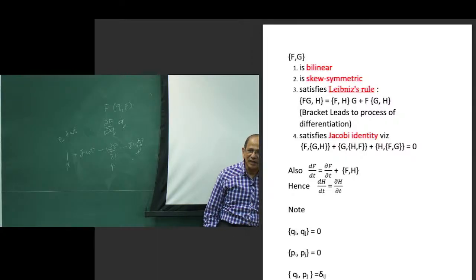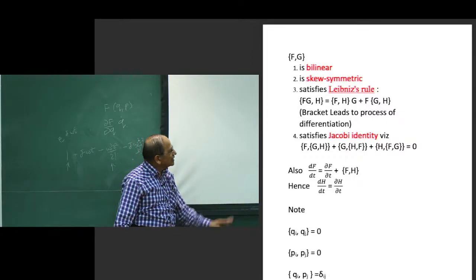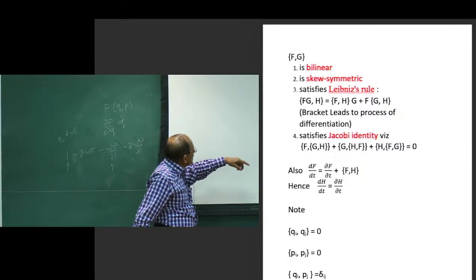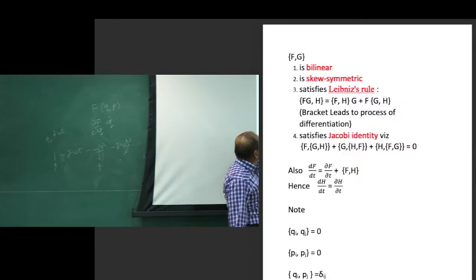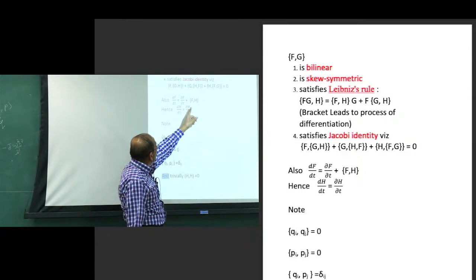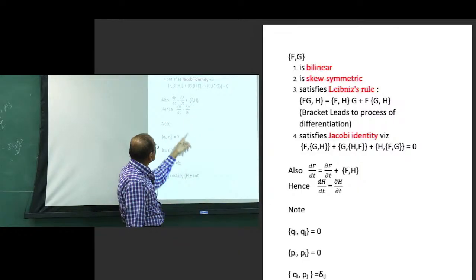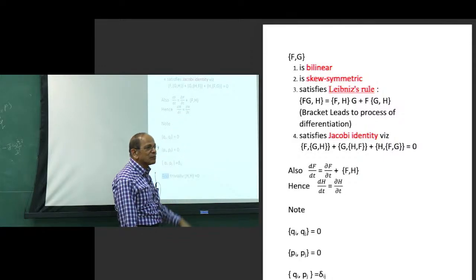It is as simple as this. Now, you will notice, since this bracket is skew symmetric, the bracket of H with itself will vanish. As a result, the total derivative of H is simply the partial derivative.